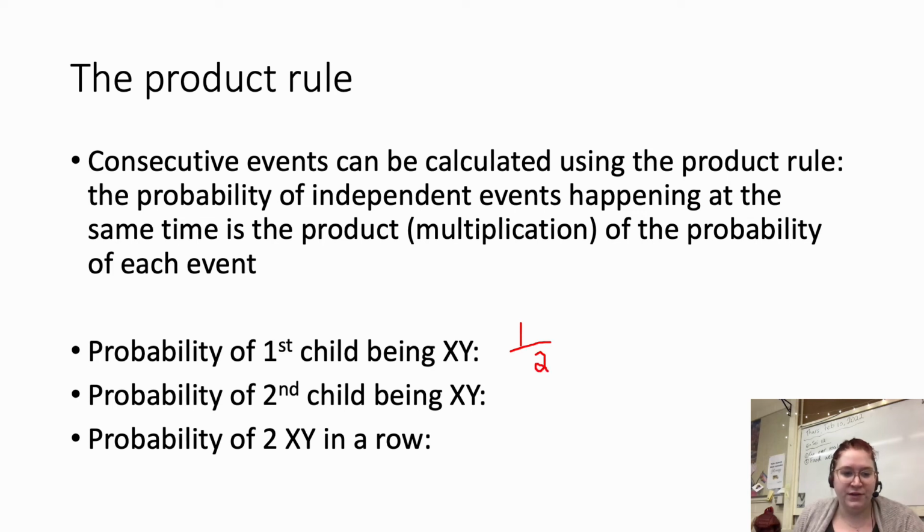The probability of the second child being XY is 1 in 2. But for the probability of having 2 XYs in a row, we're going to multiply. So 1 over 2 times 1 over 2. Do you remember your fraction laws? It's 1 over 4, or 25%, right? You multiply the top by the top, the bottom by the bottom.